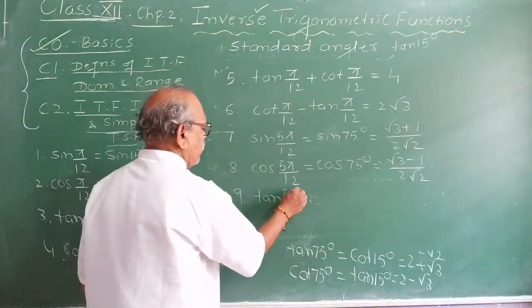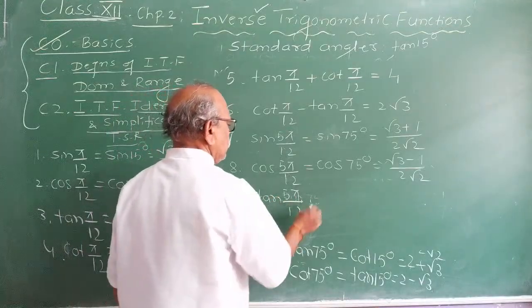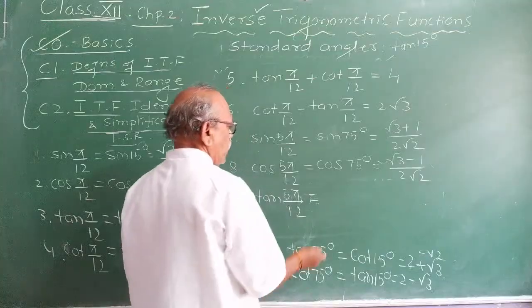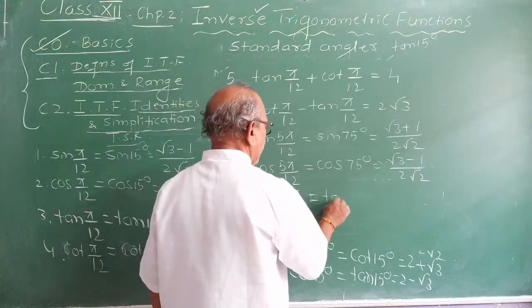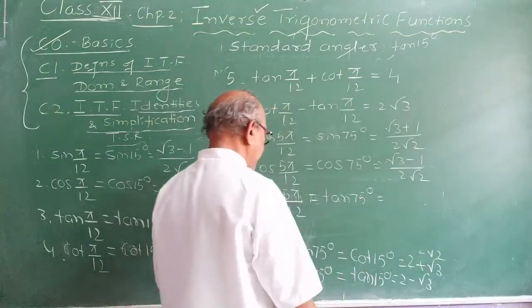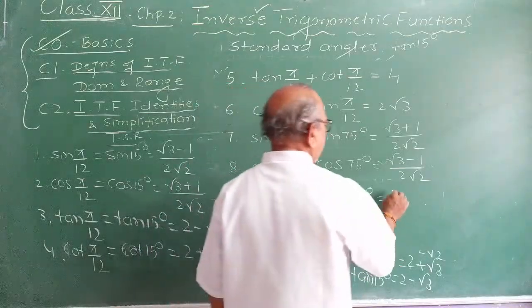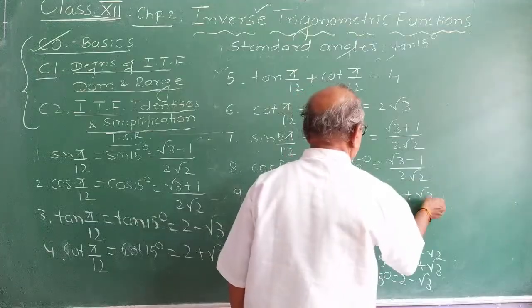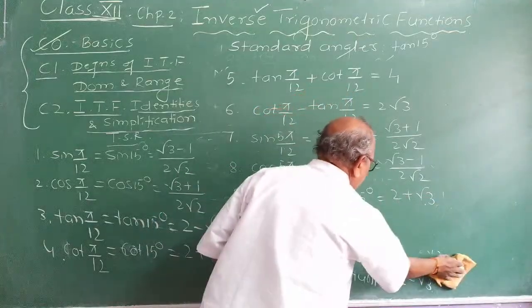Tan 5 pi by 12 is equal to, you can remember it as tan 75 degree, which will be equal to cot 15 degree. You know cot 15 degree is 2 plus root 3. Very important.